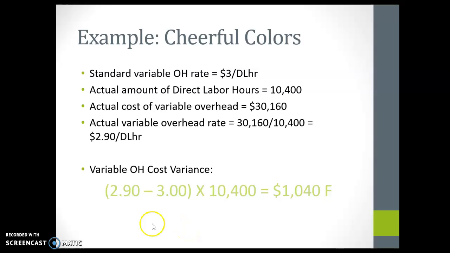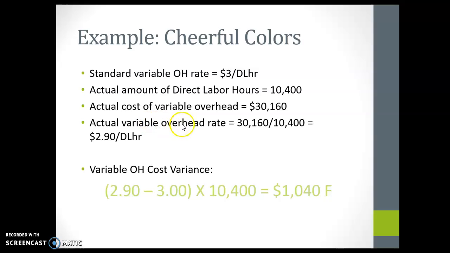So here for Cheerful Colors, their standard variable overhead, which we figured out a couple slides ago, was $3 per direct labor hour. The actual amount of direct labor hours was 10,400. The actual cost of the variable overhead is $30,160.